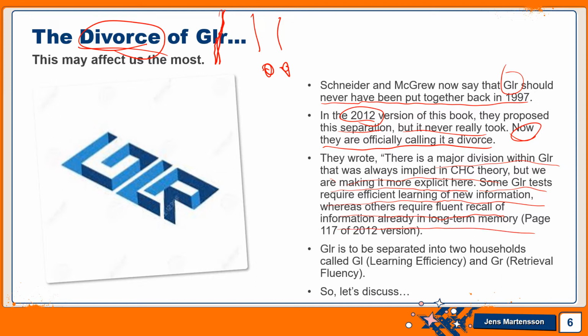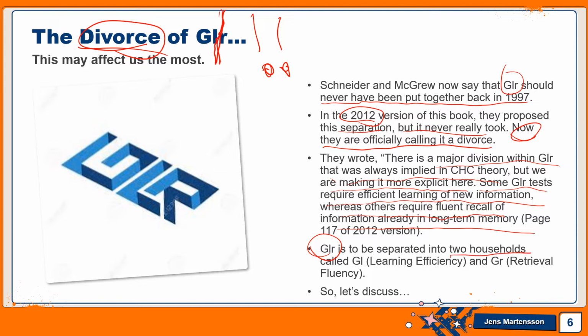And I always had a feeling about long-term storage and retrieval because, on the one hand you're storing and on the other hand you're retrieving, and to me that always seemed like two different areas, right? But now they actually are. I was right. So GLR has separated into two households.